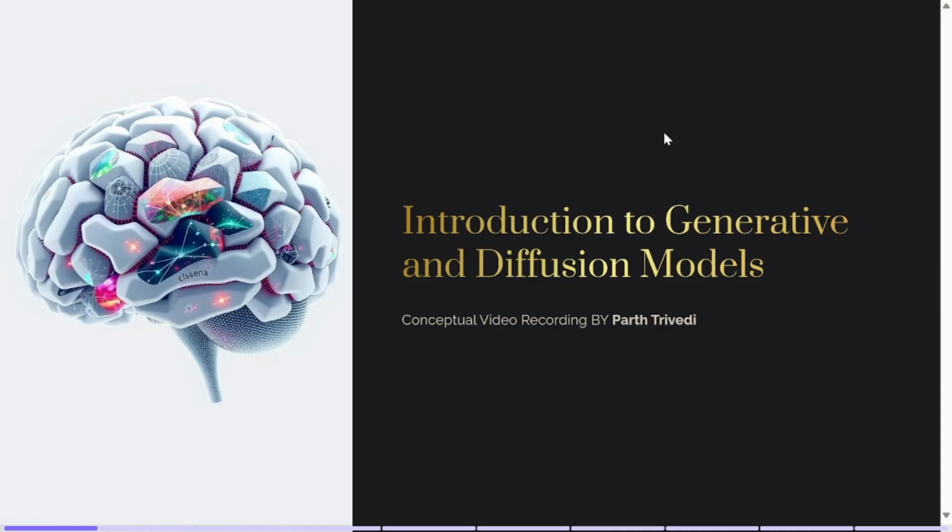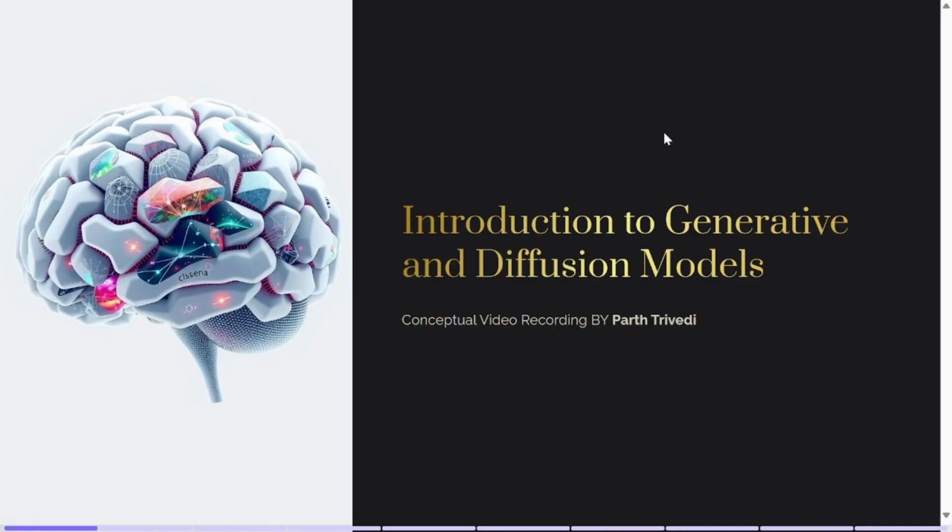Generative models are a powerful branch of machine learning that don't just analyze the data, they create. From generating images to writing text, these models learn the underlying patterns in data and can produce entirely new and realistic output. One of the most exciting types of generative models nowadays is diffusion models.